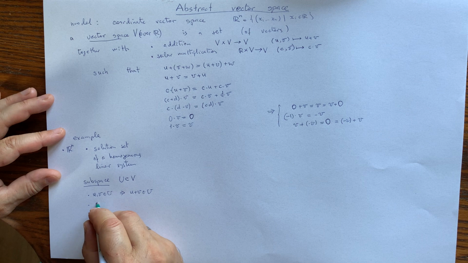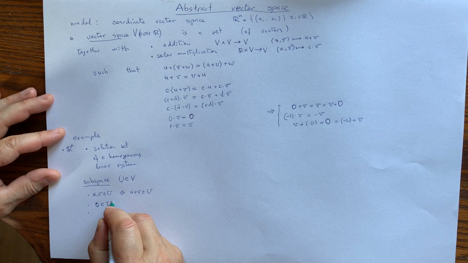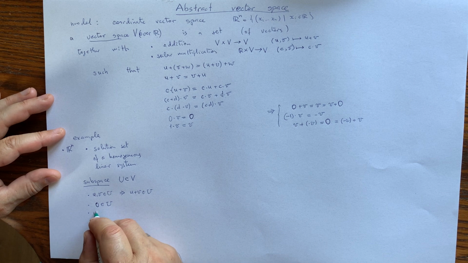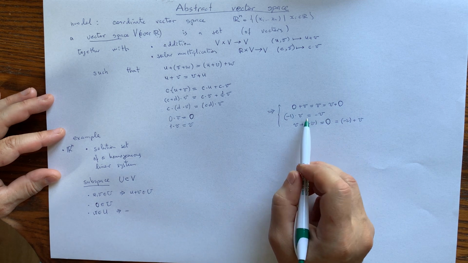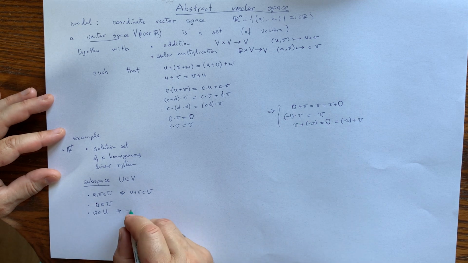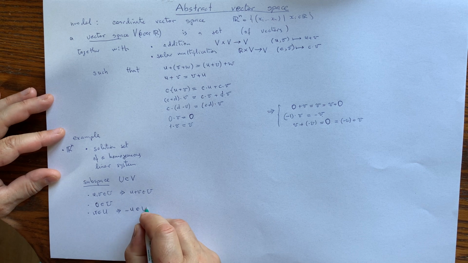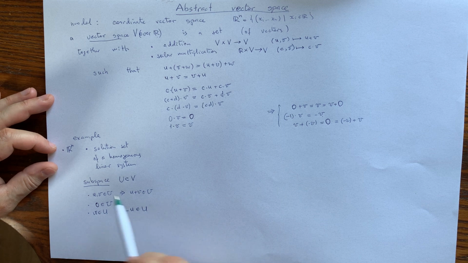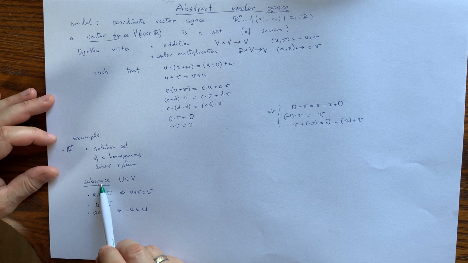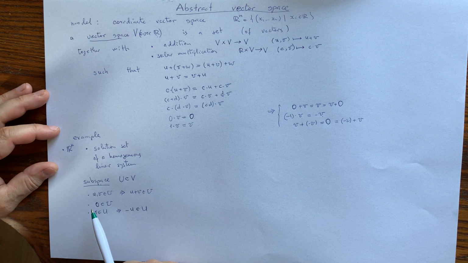Second is that the zero vector, the special vector we have here, is in the subset. And the third one, not surprisingly, is that if we have a vector, I'll call it u, then negative u is also in the subset. Then the subset will be a vector space in its own right, and it's called a subspace.